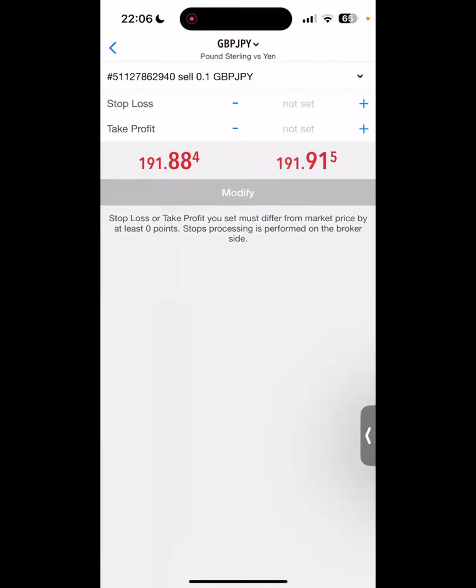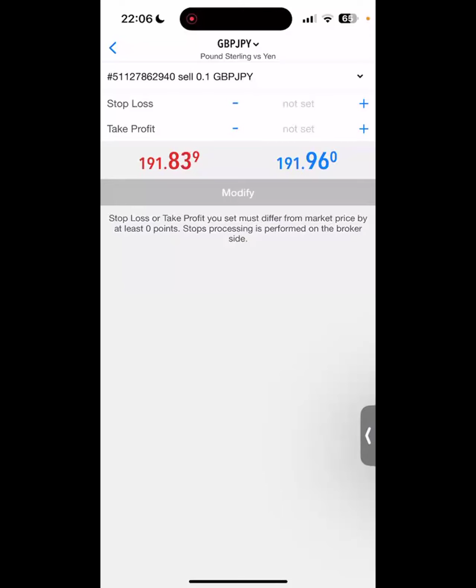Once you change that to 0.05, or 0.03, depending on whatever you want to use, you hit the sell or buy button. If you want to take it 2 times, hit the sell twice. If you want to take it 3 times, hit the sell 3 times. Then you modify on each position, and you put your stop loss and TP. Then you're good to go.